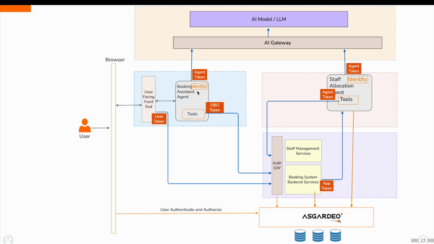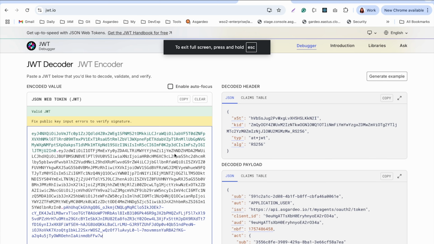When the agent is acting on behalf of a user, we obtain a new type of token called an OBO token. That is a combination of the agent token and the delegated user authorization, where the token has information about the user who delegates the permission and about the agent who's acting on behalf of the user. Let me show you an on-behalf-of token.